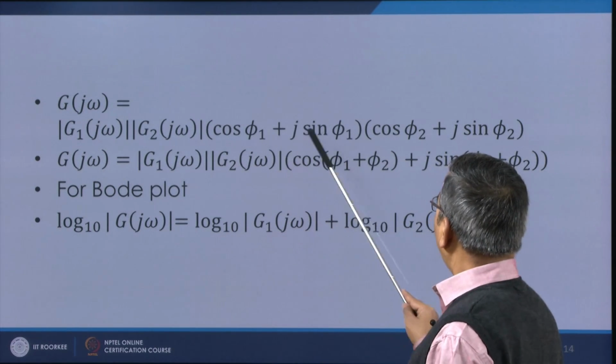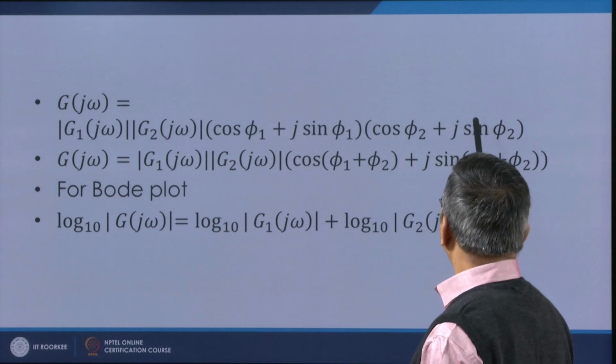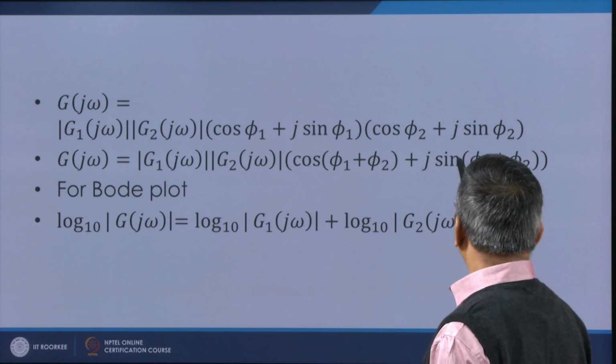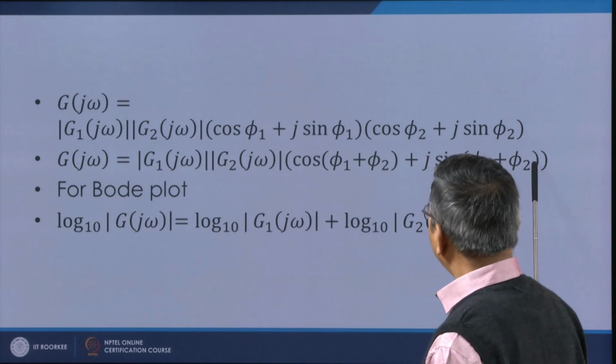Likewise, I will have the multiplication of cos phi 1 with sin phi 2 and cos phi 2 with j sin phi 1, giving me j sin of phi 1 plus phi 2.